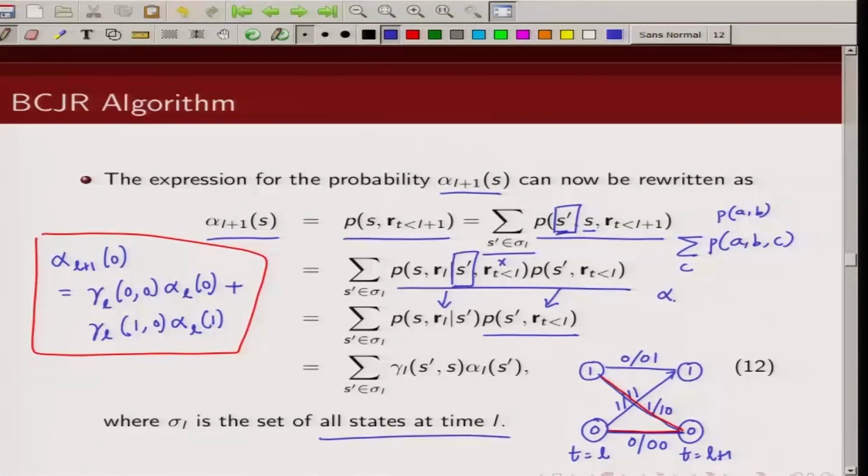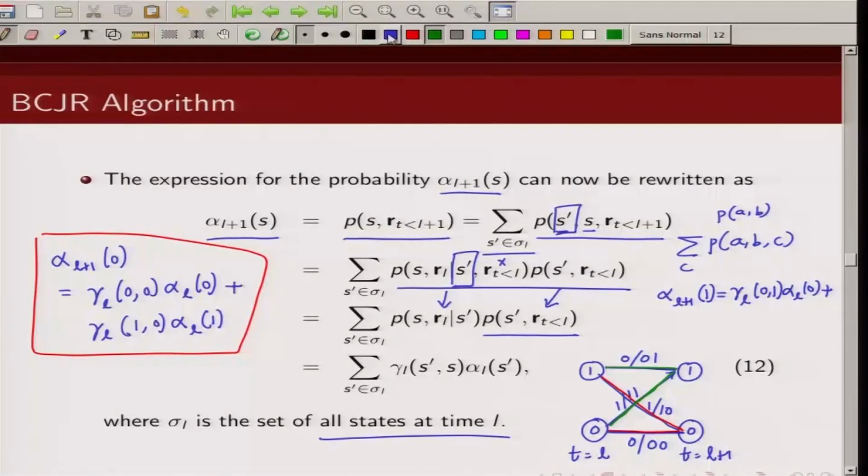Alpha L plus 1 when the final state is 1 can be written as gamma L 0 1 times alpha L 0, which corresponds to this transition, with initial state 0 and final state 1, plus another transition, which is this.